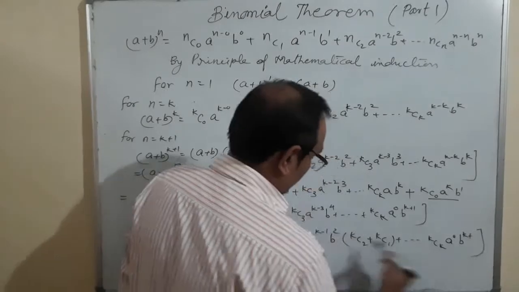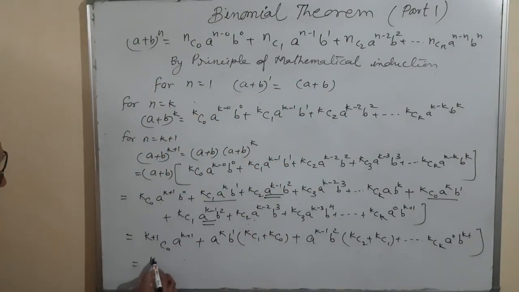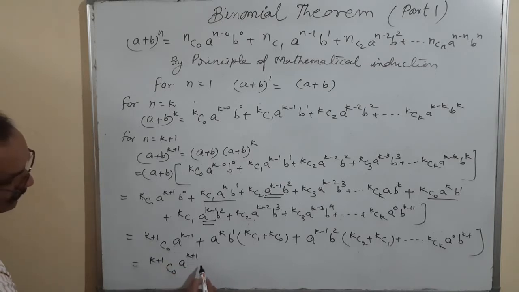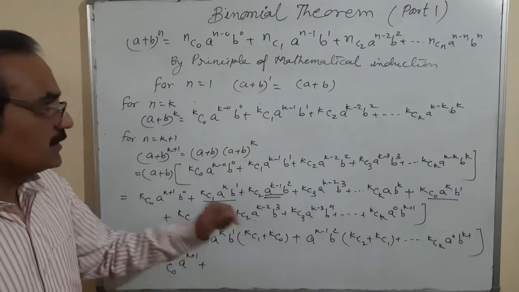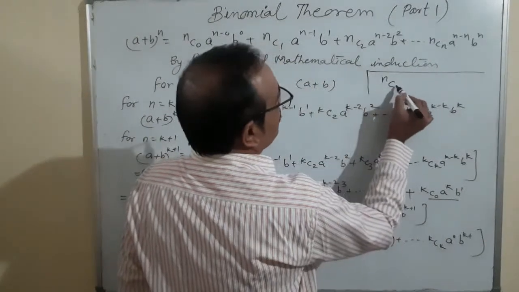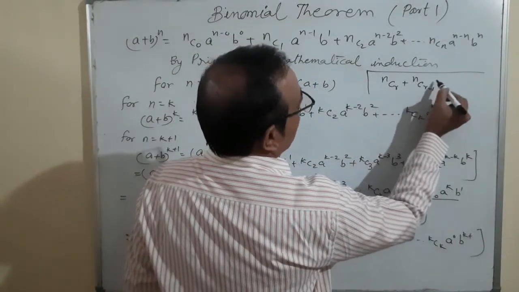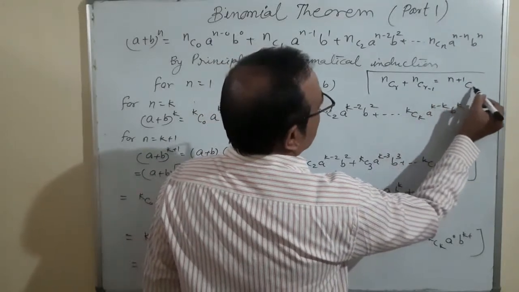Is it okay? Other terms are written in the same way. k plus 1 C0 a to the power k plus 1, plus, this is kC1 plus kC0. We know one formula, nCr plus nCr minus 1 is equal to n plus 1 Cr, which we have proved.